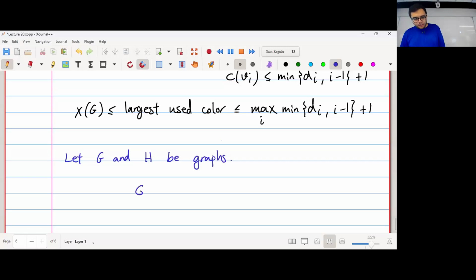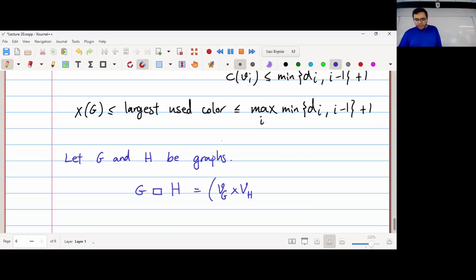I define the Cartesian product of G and H, and I write it like this, or sometimes we just call it the box product, G box H. It's a new graph. And the way it works is like this. The set of vertices is going to be pairs. So I'm going to have a vertex for every pair of vertices in G and H.